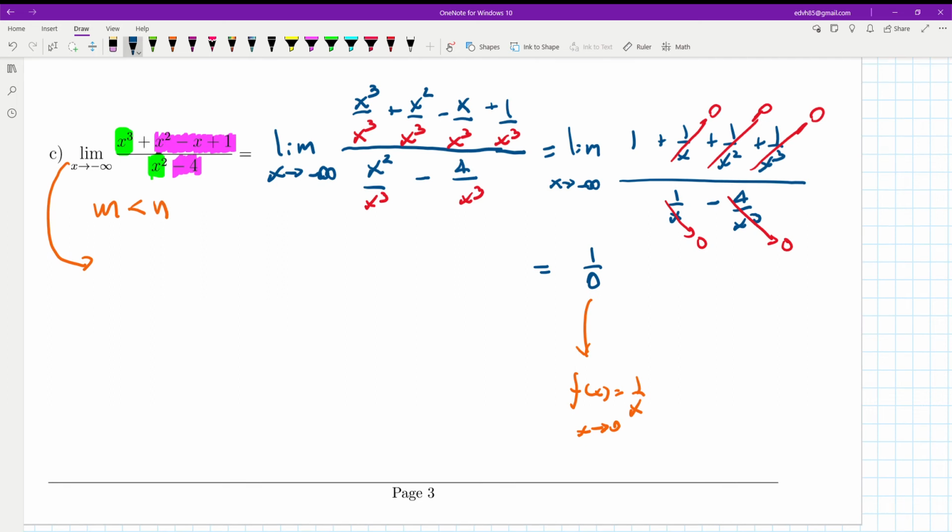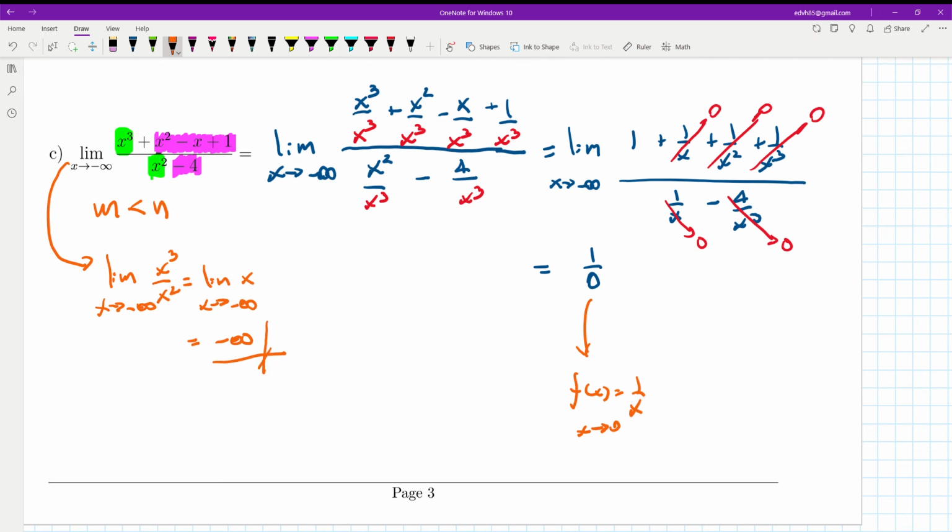So what I'm going to do here is find the limit as x approaches negative infinity of x cubed over x squared. And that's going to be the limit of simply x as x approaches negative infinity. Plugging in, what are we going to get? Negative infinity.